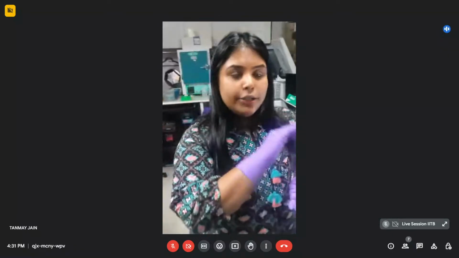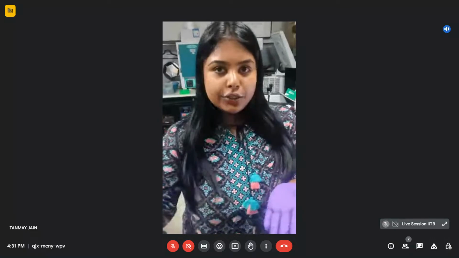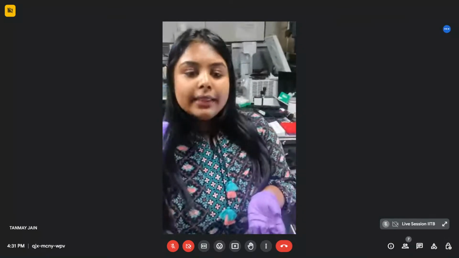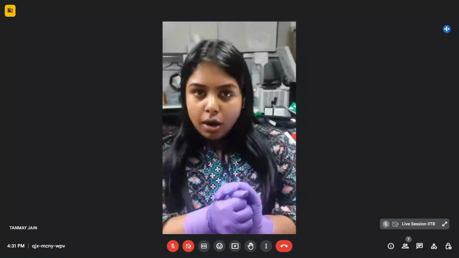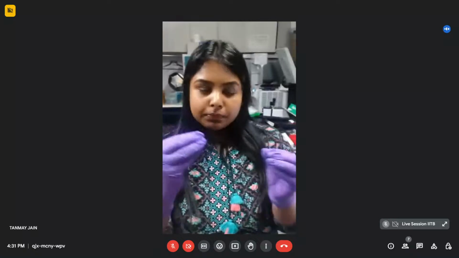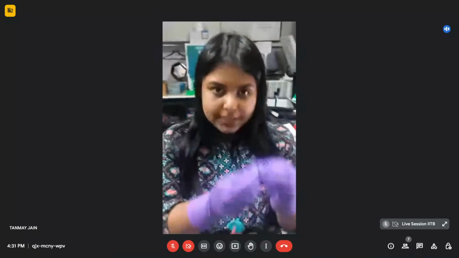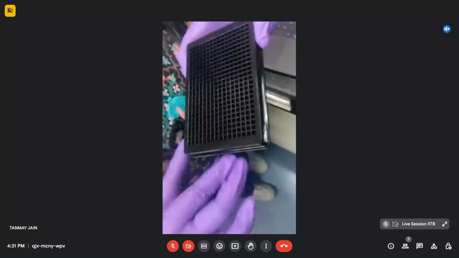Then you go on for a wash step where any unnecessary interactions are removed, and then finally you elute out those immune complexes, which is the antibody and your protein of interest, and you then place that eluate onto this particular plate.